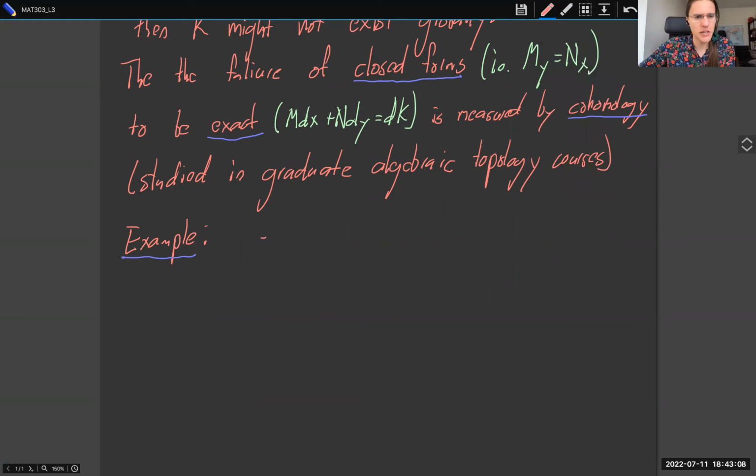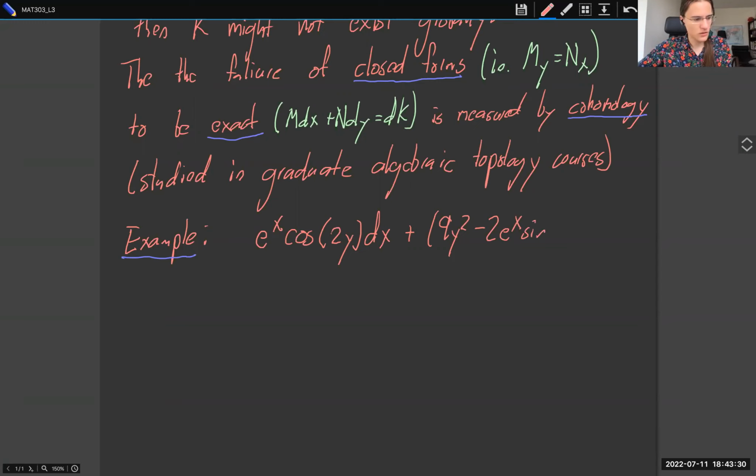So let's consider the equation e^x cos 2y dx plus (9y^2 minus 2e^x sin 2y) dy is equal to 0.